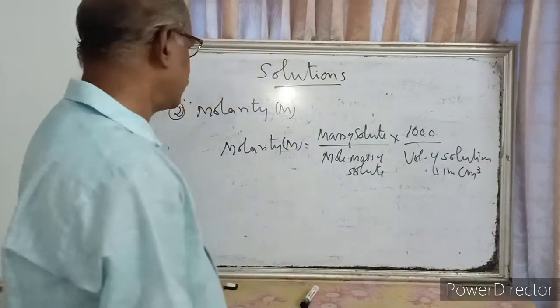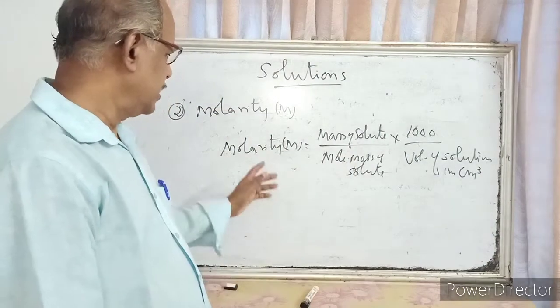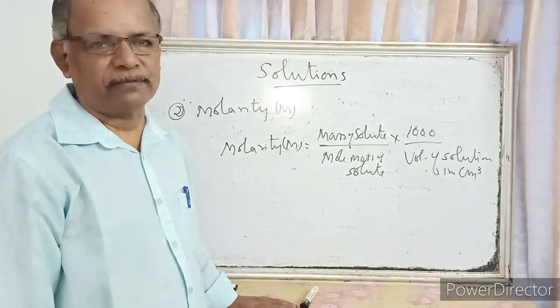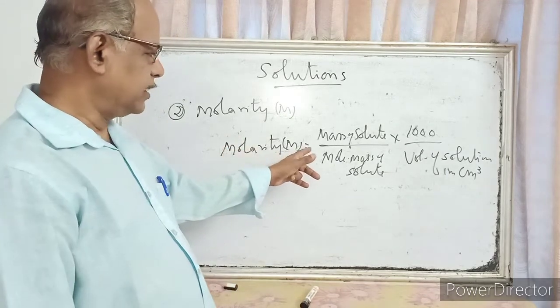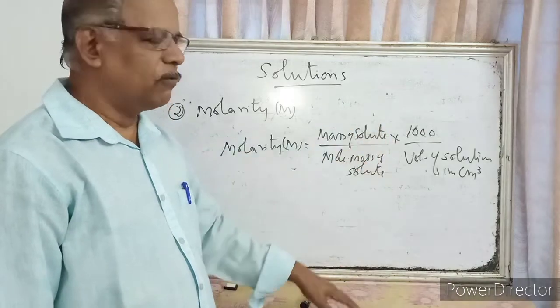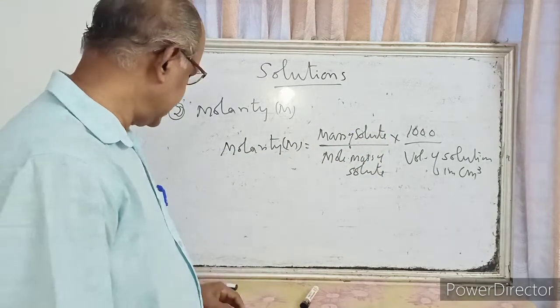That's a method for calculating molarity of a solution. Molarity is the number of moles of solute present per liter of solution. Molarity is equal to mass of solute by molecular mass into 1000 by volume of solution in cm cube.